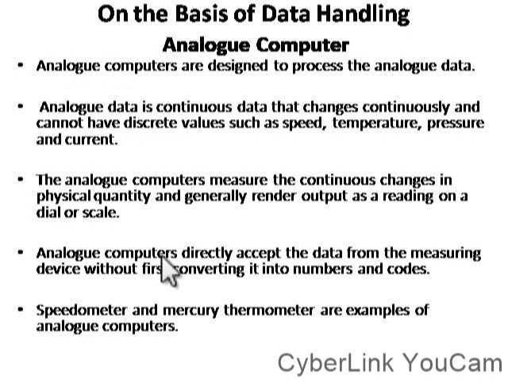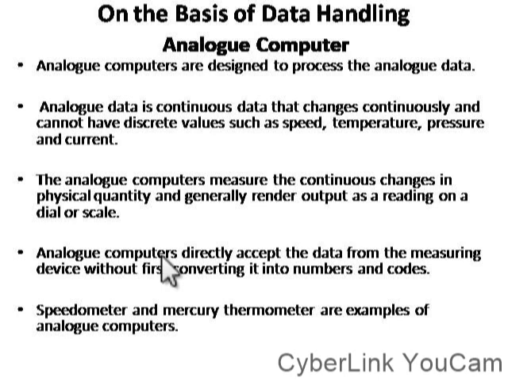First, analog computer on the basis of data handling. Analog computers are designed to process analog data. Analog means it cannot have discrete values. Analog data is continuous data that changes continuously and cannot have discrete values, such as speed, temperature, pressure and current.